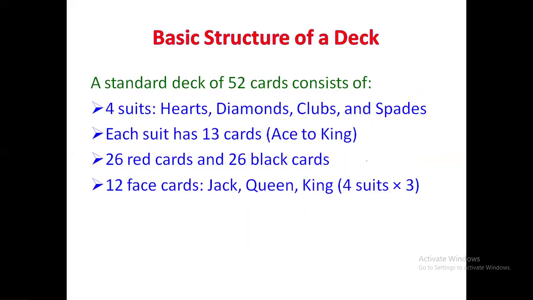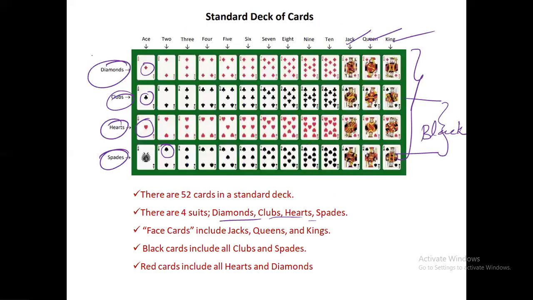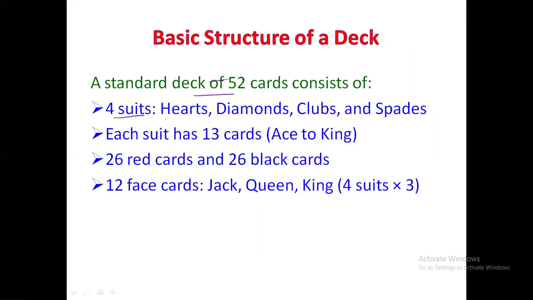The basic structure, as I said: the standard deck consists of 52 cards. Four suits, what are they? Hearts, diamonds, clubs, and spades. Each suit has 13 cards, ace to king.